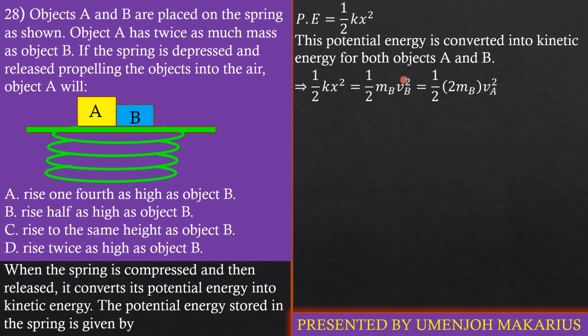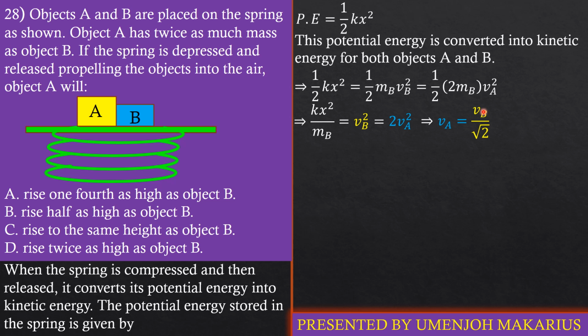The 1/2 cancels on both sides. If you divide all through by the mass mB, we have kx squared over mB equal to vB squared equal to 2 vA squared. If we divide by 2 and take the square root, we get vA to be the same as vB over the square root of 2.